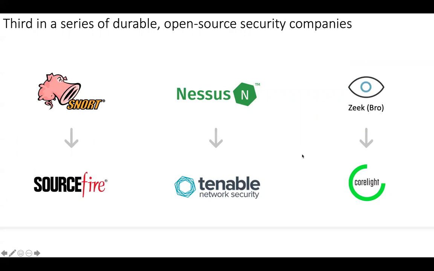Both Sourcefire and Tenable started out with an open source solution that they commercialized. Zeek and Corelight is the same deal. Dr. Vern Paxson developed Zeek 25 years ago out of Lawrence Berkeley National Labs. It's a great open source solution that provides visibility into your network data. Over the years, the challenge with open source has been performance and manageability.